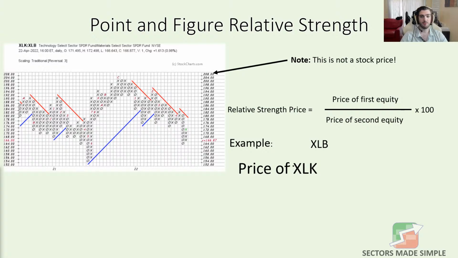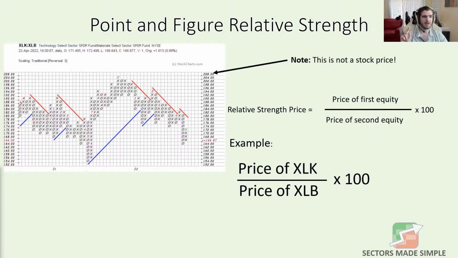That we can turn into the divided by, and then XLB becomes the denominator, or the second security. Then, once we've done the math, we multiply it by 100, and that will give us the end price of that relative strength. Once we have that number, the rest is simple.